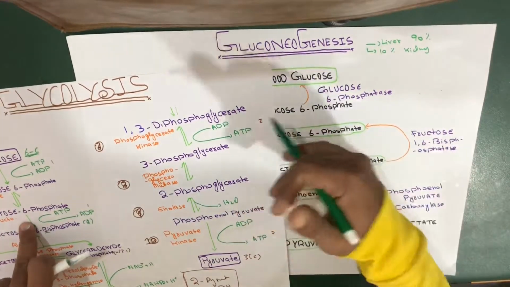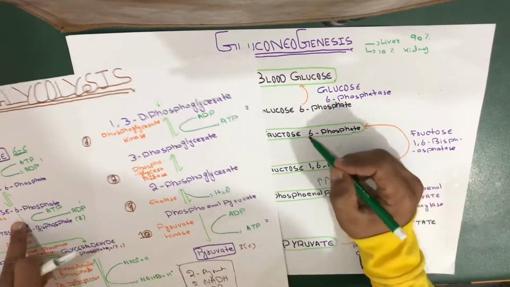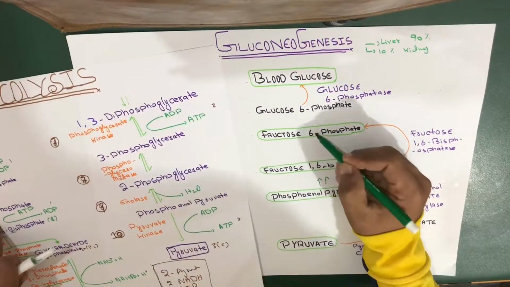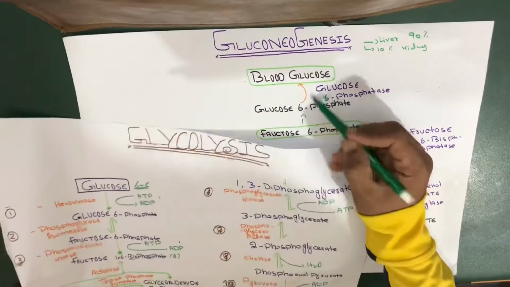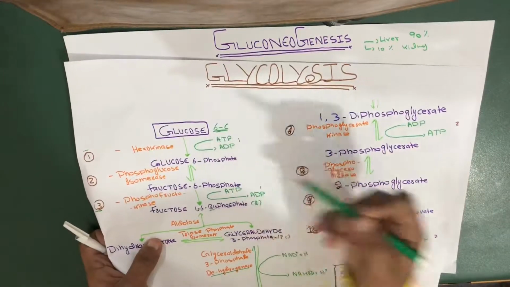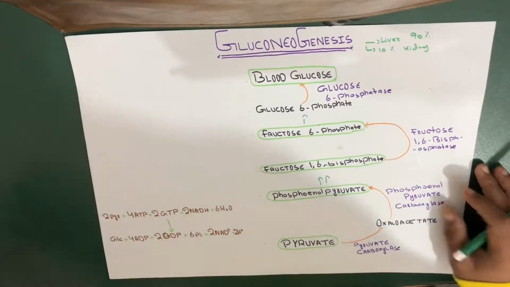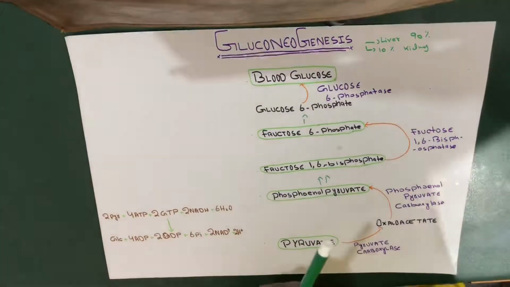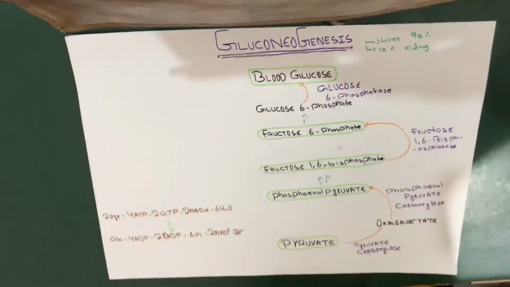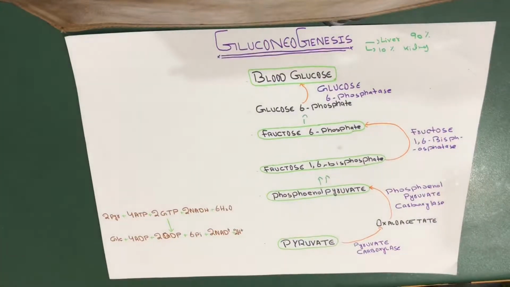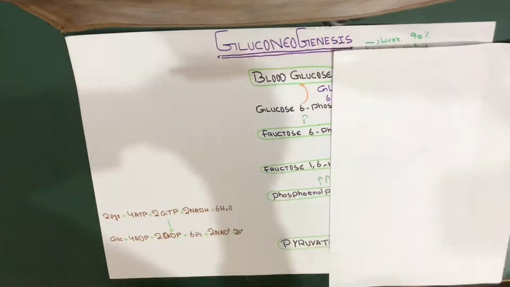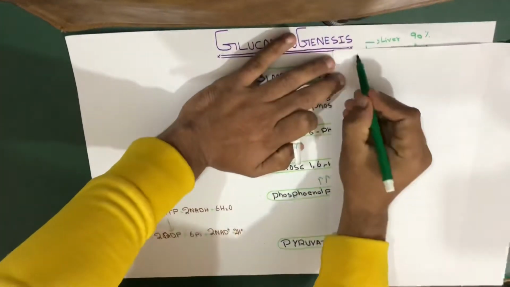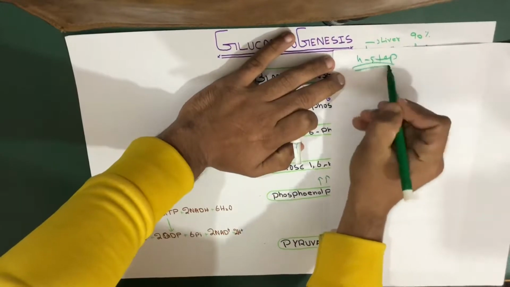I'm going to talk about that in just a bit. We convert this into fructose 6-phosphate, and then it goes through a process and converts into glucose 6-phosphate. Again, this one over here is irreversible, so we need another pathway. Let me talk about it. First of all, we have to introduce a 4-step reaction.